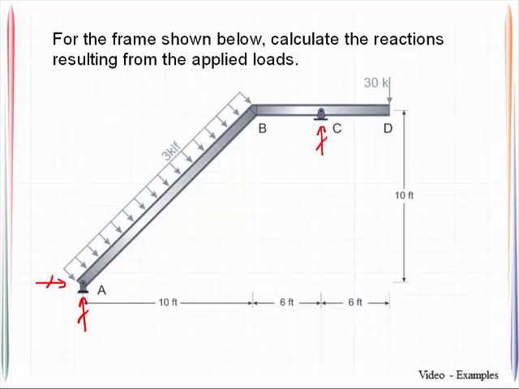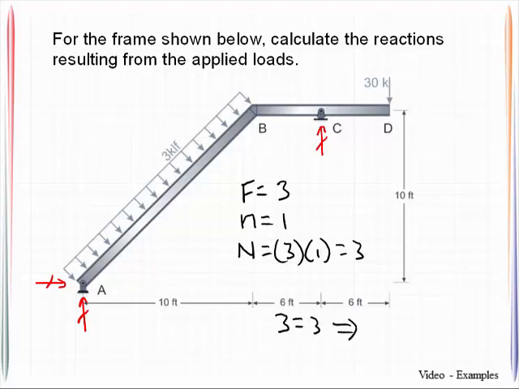Before we actually calculate any numbers, let's double check our determinacy on this. The total number of unknown forces here is 3. We didn't make any cuts, so we have only one structural piece, which means that the total number of equations of equilibrium which we have are 3, and so of course 3 is equal to 3, which then means that we are statically determinate.